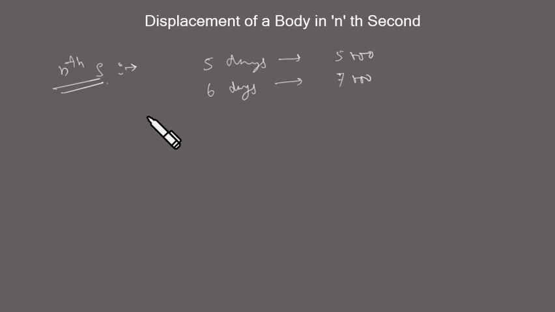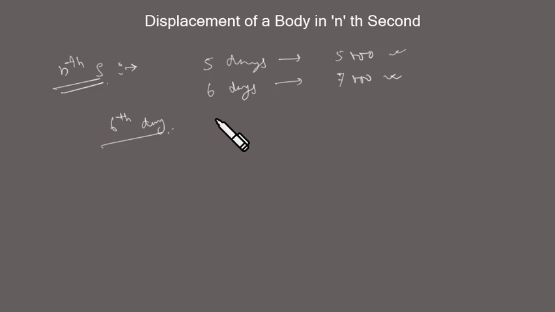If we have to find the total number of infected people on the 6th day, what will we do? Of course, we will say that on 6 days there are 7,000 people infected, whereas on 5 days there are 5,000 people infected. So 6th day means that on that particular single day, how many people got infected?